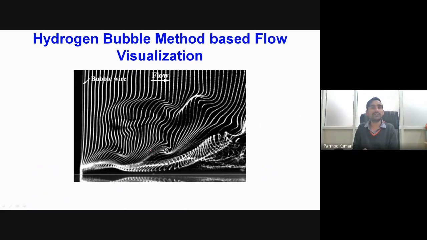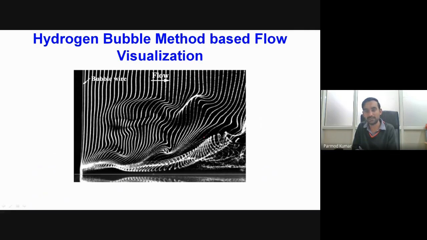Okay, now this is one typical flow field which is actually obtained by tracing the path of these hydrogen bubbles. Over here you can see on the left hand side we are having one vertical bubble wire which will be continuously generating the bubbles, and then by tracing the path of the bubbles we can plot the corresponding flow profile.